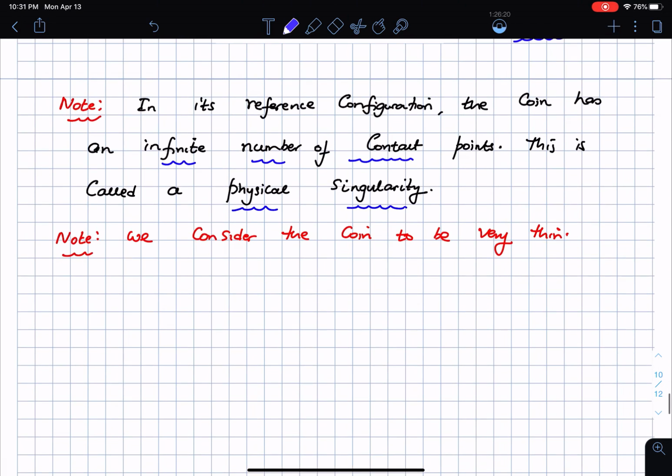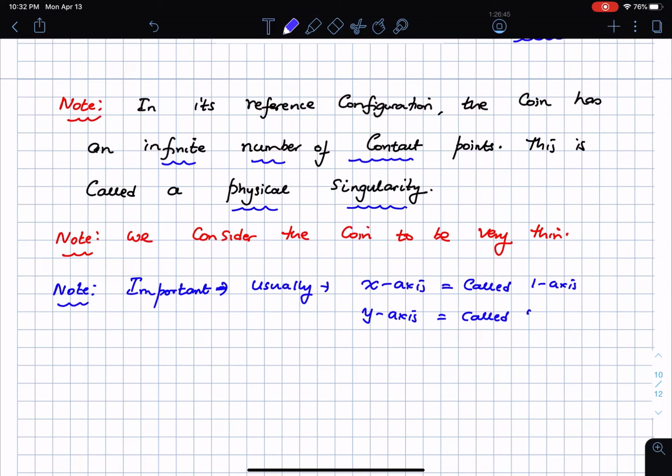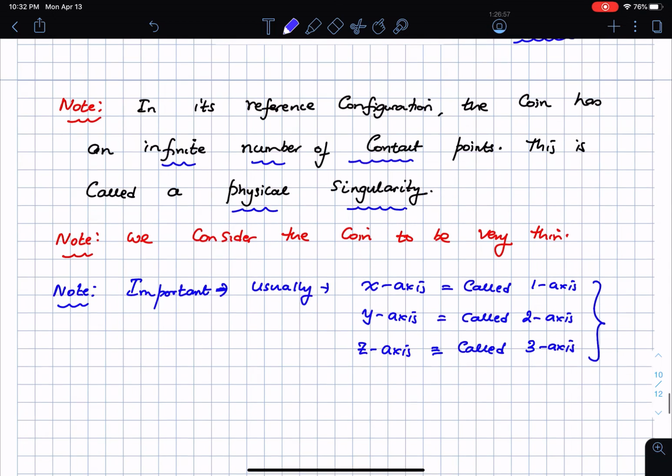The other important note that I want to make is that usually the x-axis is called the 1 axis, the y-axis is called the 2 axis, and the z-axis is called the 3 axis. Okay, this is just common nomenclature.